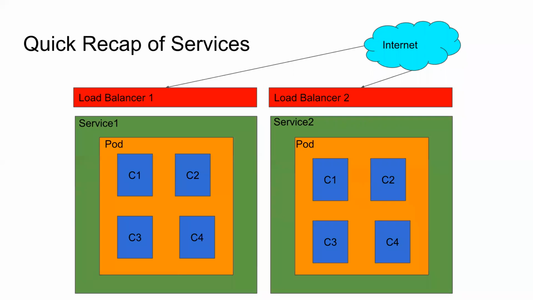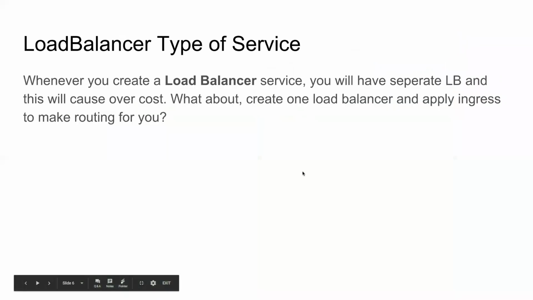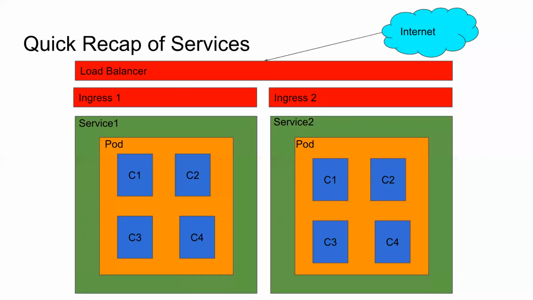So instead of creating a load balancer per service, you can create an Ingress. In the Ingress type, you will have only one load balancer within your cloud platform, and the request will go to the specific Ingress after the load balancer.